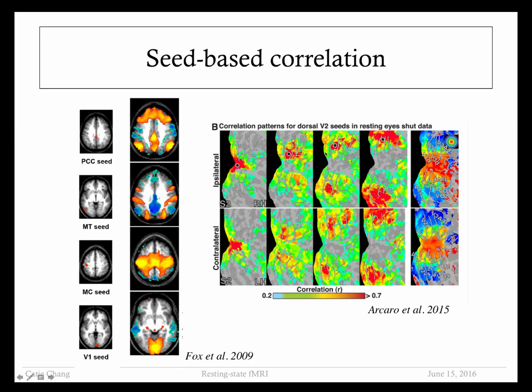What they found was that, for each seed, the red areas indicate the other areas of the brain that are most highly correlated to it, and it tended to find areas that have a similar eccentricity representation as the seed. And this here is a comparison with their actual eccentricity map. This is all done with the eyes closed and resting. So even in spontaneous activity, this again shows how well the functional connectivity can reflect topographic organization.